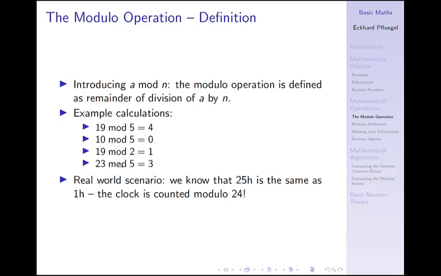That's reasonably straightforward. In case you wonder why on earth we want to introduce such a thing, well, actually, you have been using this for a long time in your lives when you look at the clock. Because when we reason about the time, we are doing a modulo operation, because there is a maximum number. Number 24 in the 24-hour system would turn into, let's say, if it's 25 o'clock, that's actually 1 o'clock, isn't it?